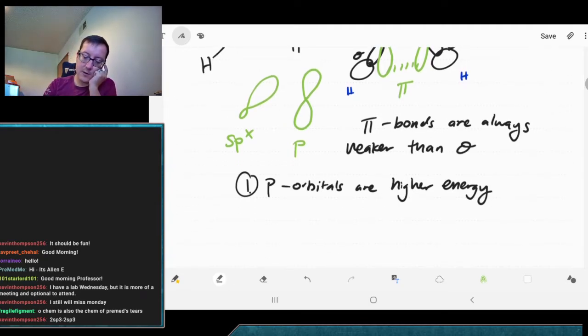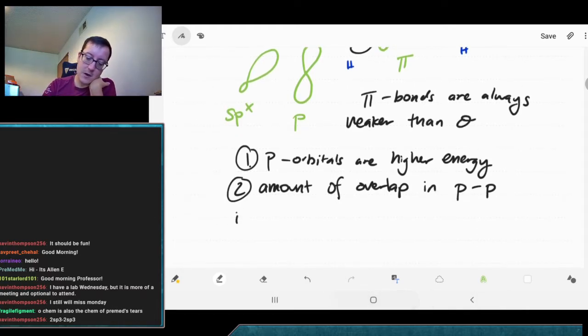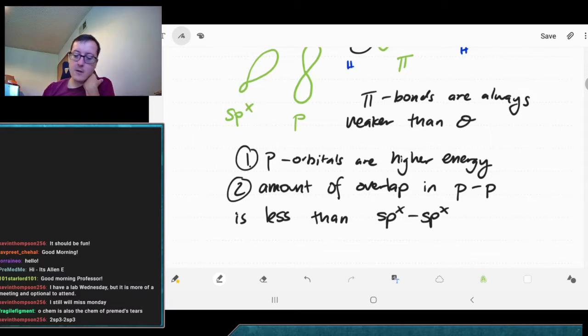And second of all, the amount of overlap between two p orbitals is less than the overlap you'd have in hybrid orbitals interacting. All right, so pi bonds are always going to be weaker.